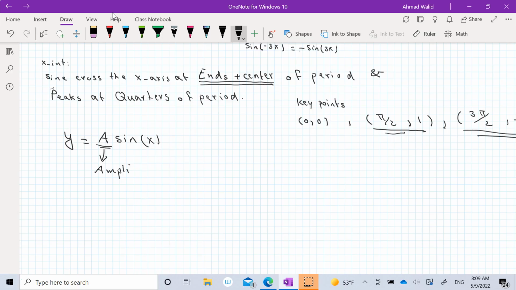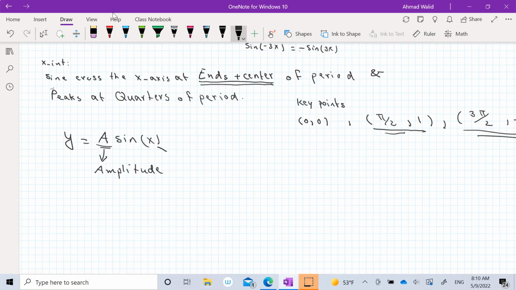Your A is actually your amplitude. That means how much the graph goes up and down. We call that one amplitude, which I called here peaks, correct?